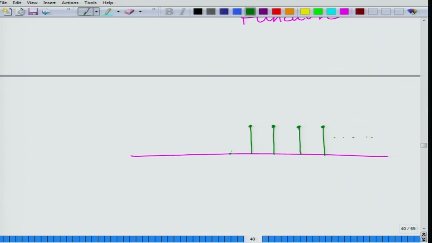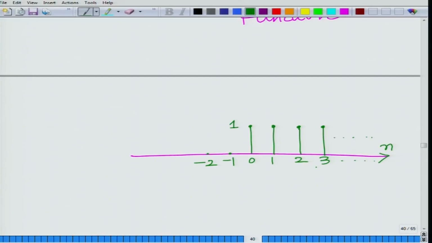So, for n less than 0, it is 0. For n greater than or equal to 0, it is equal to 1. So, this is your unit step function.